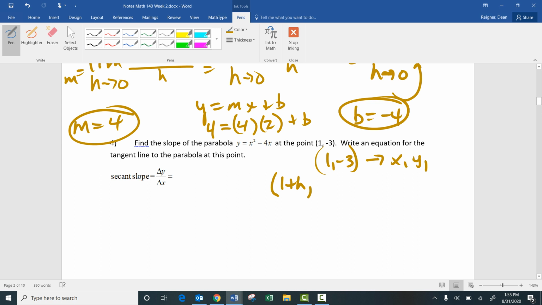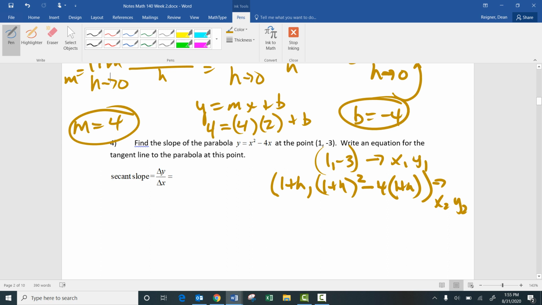And that's our x value. And then what you do is you take 1 plus h and you plug it in the equation to get the y value. So it's 1 plus h squared minus 4 times 1 plus h. So wherever there's an x, you have to put that in. That's our x2, y2.